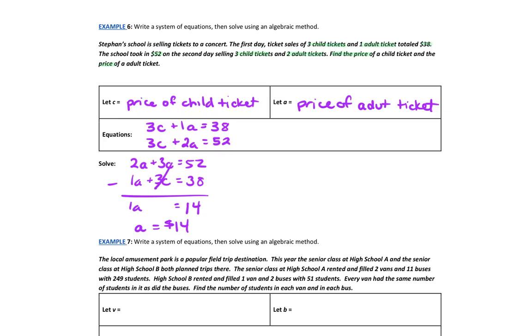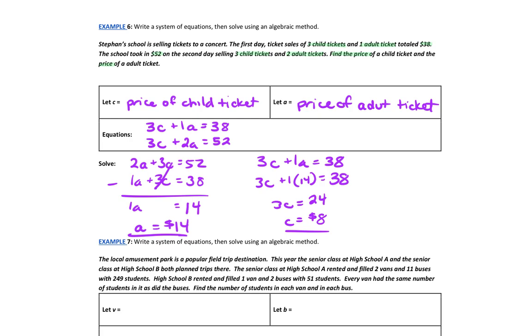So if we want to find the child tickets, let's go ahead. We've got 3c plus 1a equals 38. Let's plug a in. 3C is going to be 24. So C is going to be $8. Adult ticket, $14. Child ticket, $8.